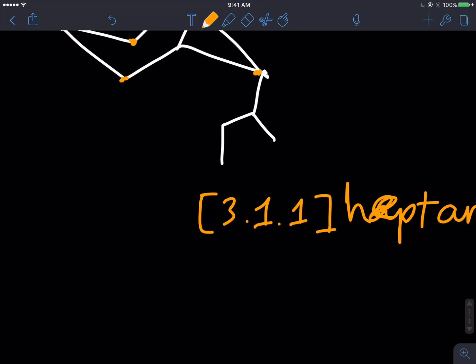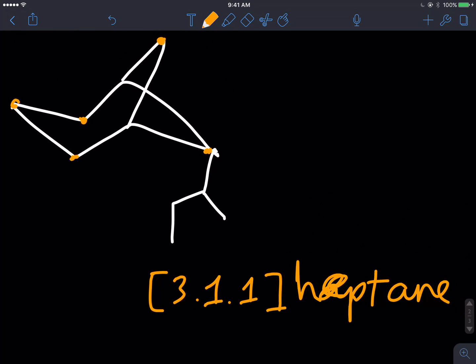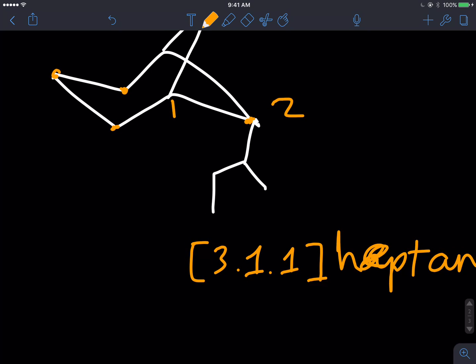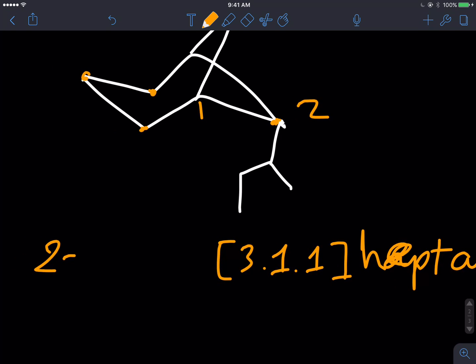So it'll be heptane. Do we have any substituents? Yeah, we do. Where is number 1? This is number 1, so this should be number 2, right? Yes, this should be number 2. 2 what? 1, 2, 3, 4. Is it tert-butyl or butyl? It should be sec-butyl, right? Yeah, sec-butyl.